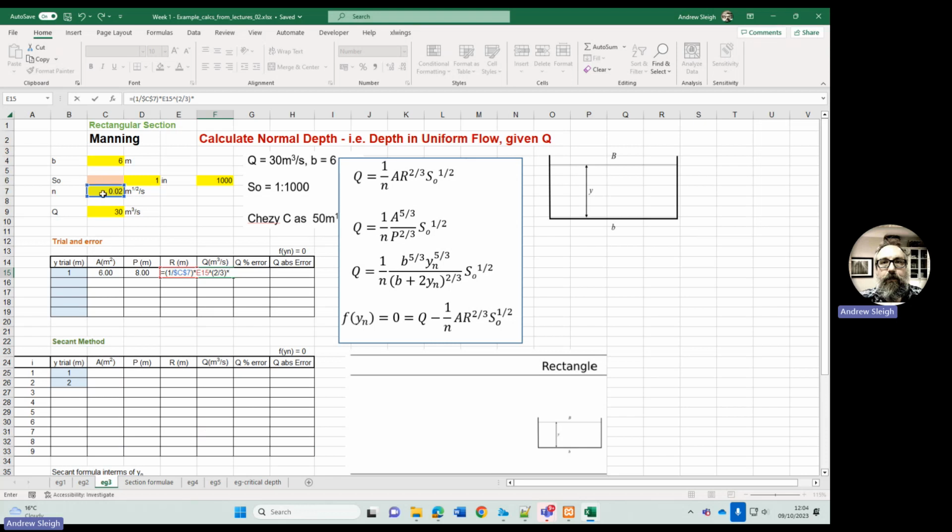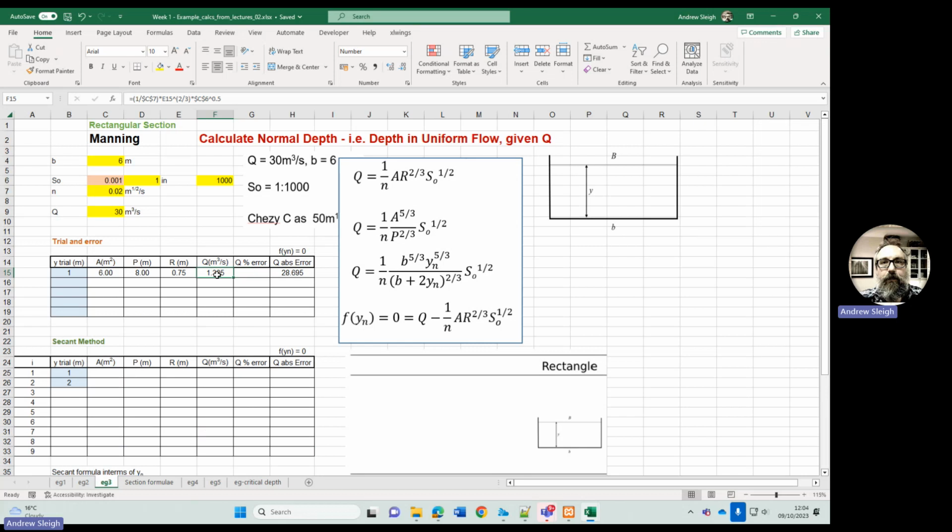And then it's S naught, and I've forgotten to type in S naught, so I'll type in S naught in a second. S naught fixed raised to 0.5, and that probably gives us 0. So I'm going to put in here the 1 divided by 1000. There we go. The absolute error is the Q constant minus Q.